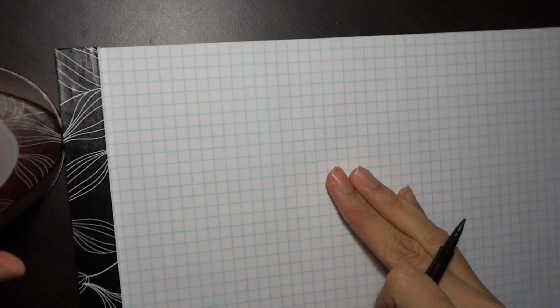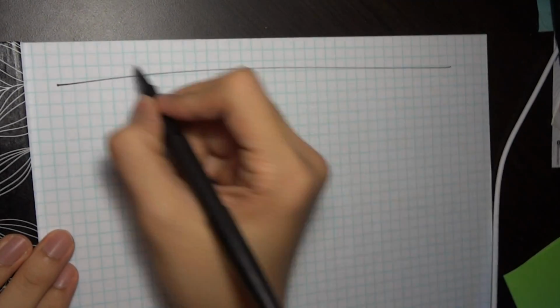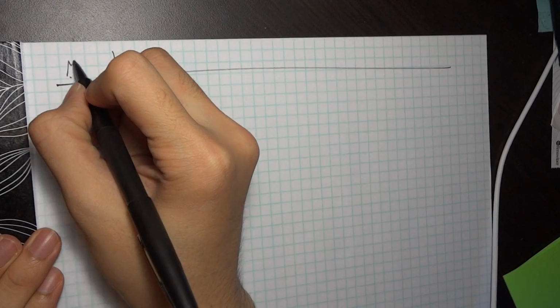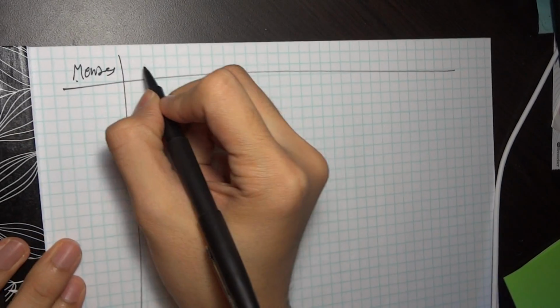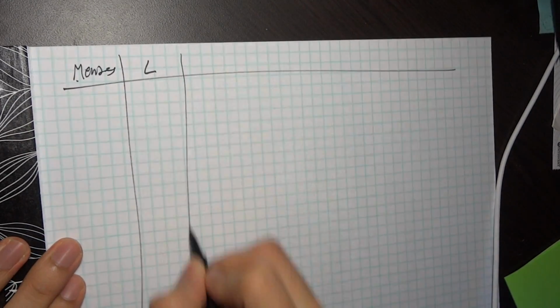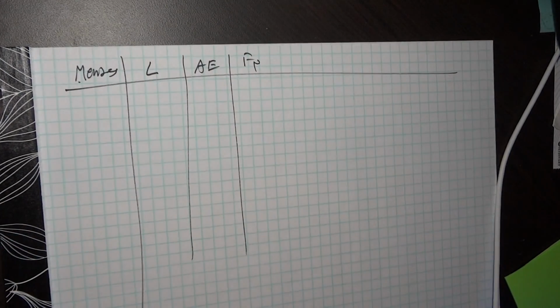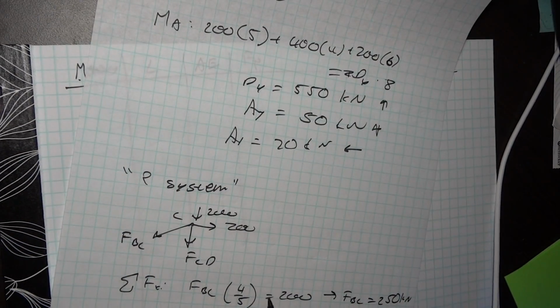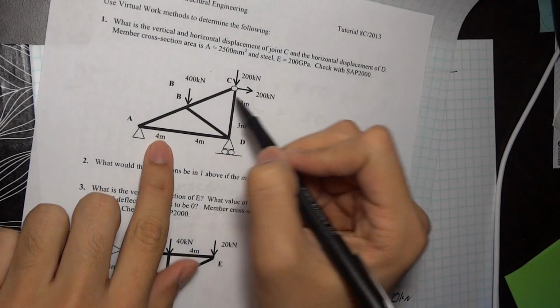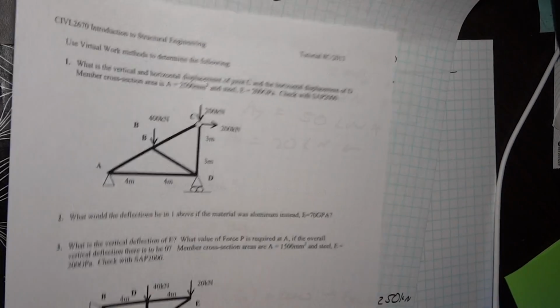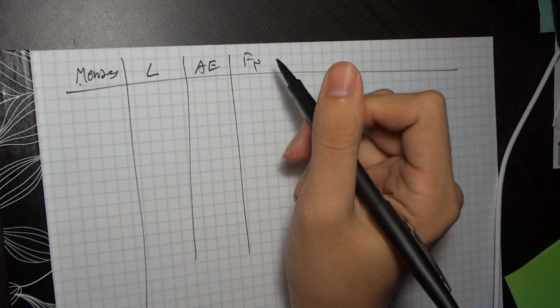You're going to want to create a fairly large table. So this is going to be your members, and this is going to be length, AE, FP. These forces, the forces due to your original load, are what we call the P system. So that's what I'm putting in the FP column.